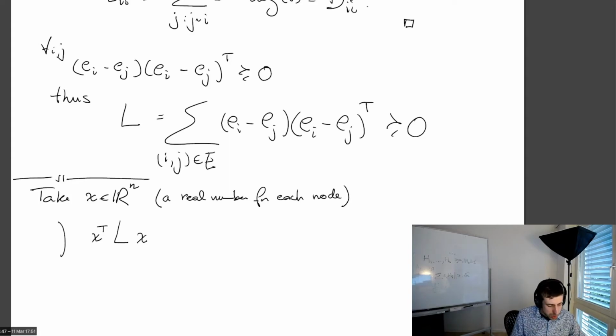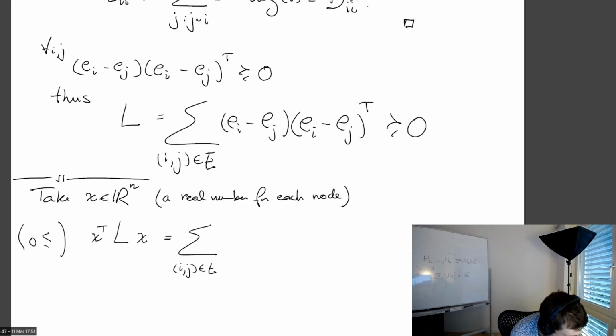Of course, because the matrix is positive semi-definite, we know that this is bigger or equal than 0. But this will come out by itself also. What is this equal to? It's equal to the sum over i, j in the edge set.